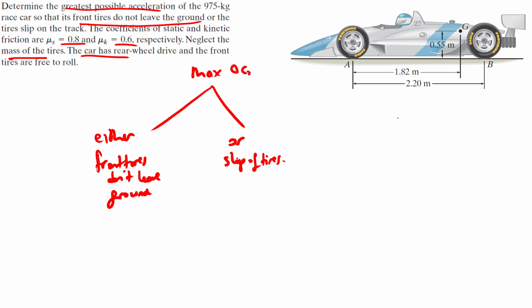So first let's start with the free body diagram. So we have the weight of the car. We have the normal force at the rear wheels. We have normal force at the front wheels. Okay, and then we have a friction force.